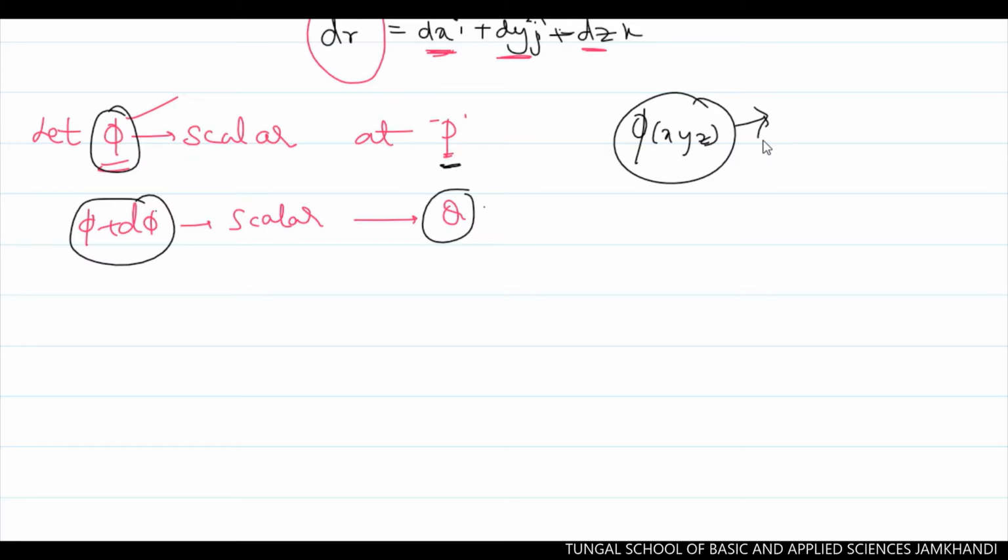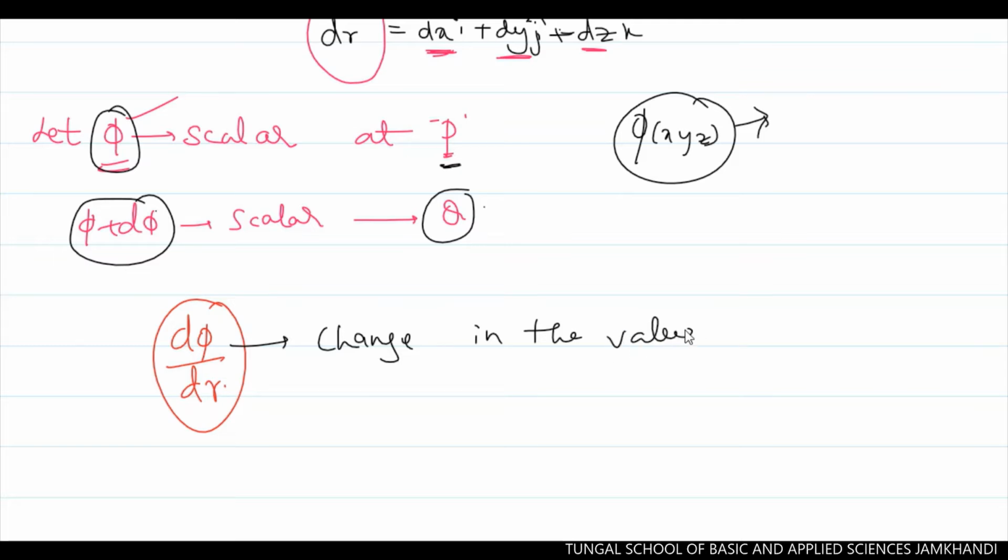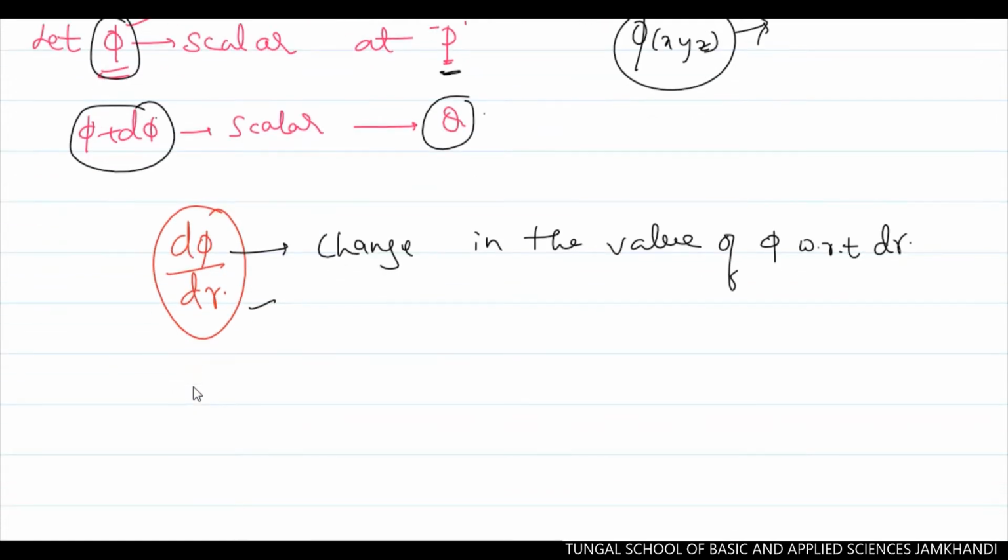Then the change in the value of that scalar function with respect to dr is known as the total differential of phi. That is a change in the value of the phi function with position, so it is called a differential, because it's a variation of the phi function with position.